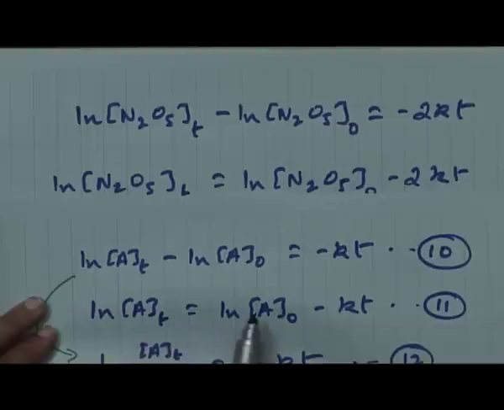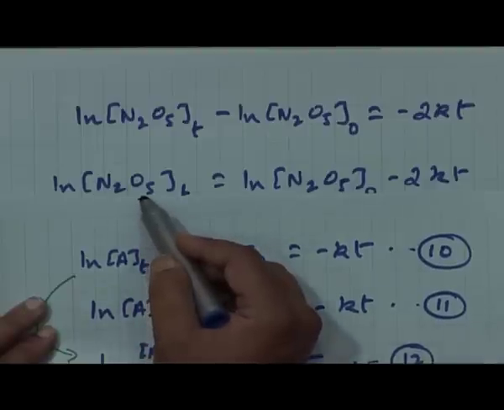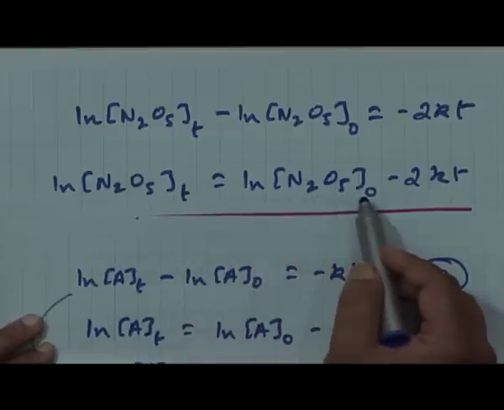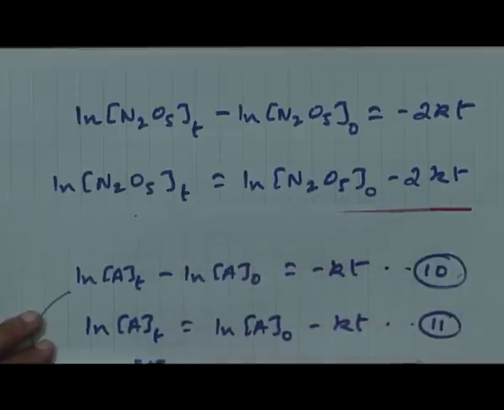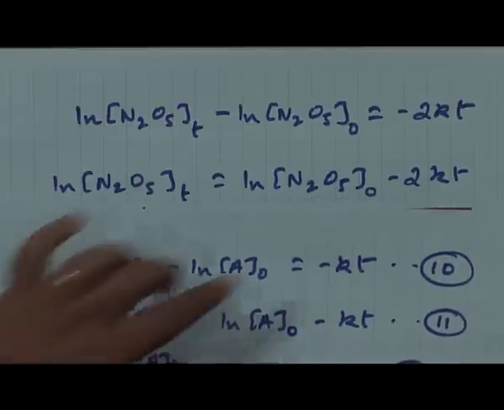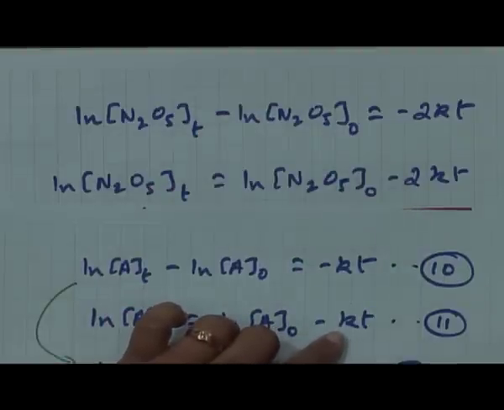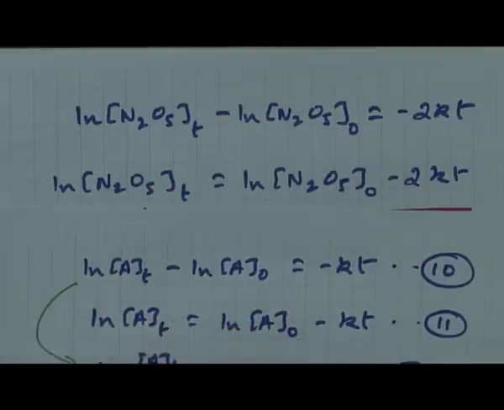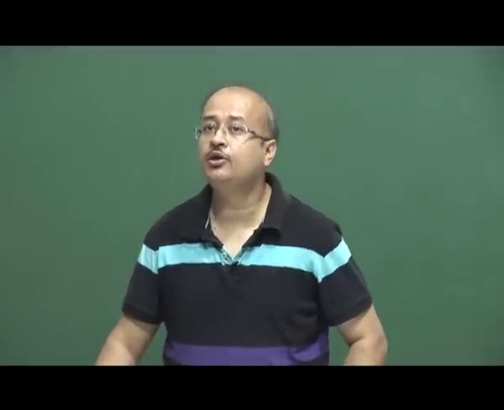So, ln A T is equal to ln A naught minus K T. Now this reactant has become N2O5, so ln N2O5 at time t is equal to ln N2O5 naught, the initial concentration, minus 2 K T. The difference you see is that here I have a 2 K, there I have a K. As such everything remains the same. The only problem being that here I had stoichiometry for N2O5. When I derived it before I said A going to P, here it is 2A going to products. So hence that stoichiometry has to be taken into consideration.